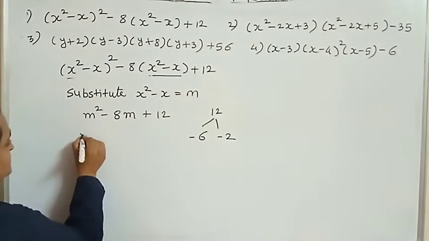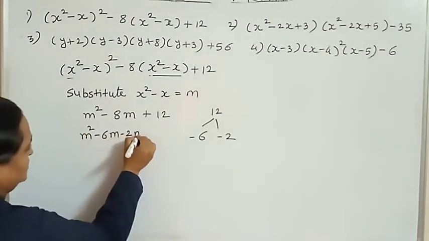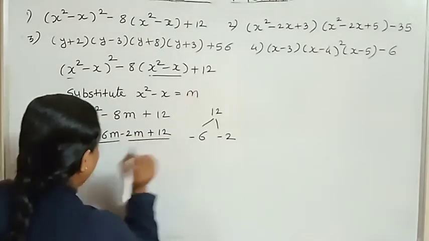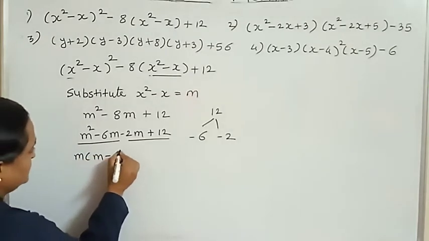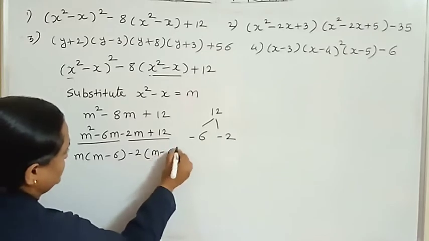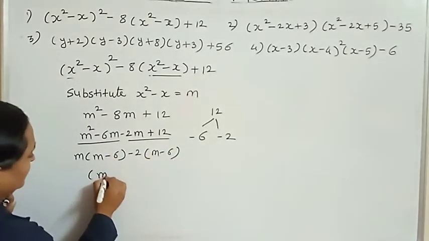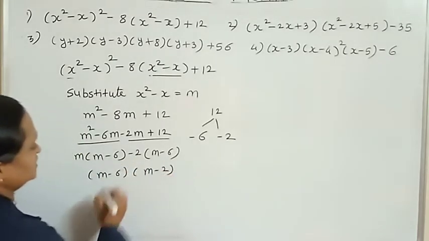Now we will write m square minus 6m minus 2m plus 12. First group, second group. Now m is common, so you get m minus 6. Here minus 2 is common, m minus 6. These two brackets will always be the same. Then in one bracket m minus 6, in another bracket m minus 2.